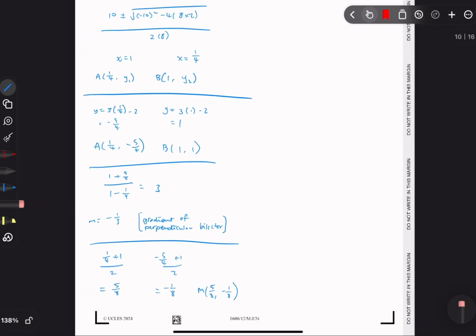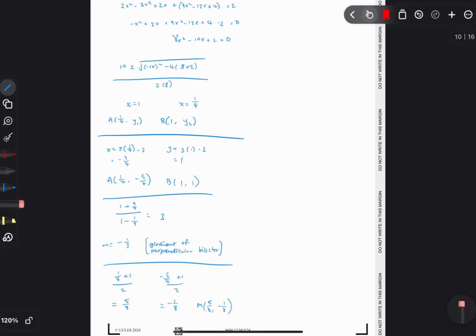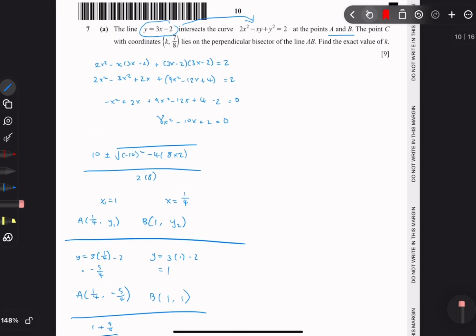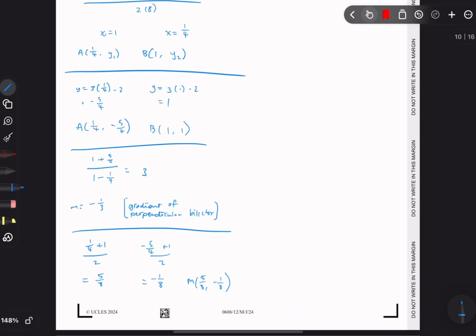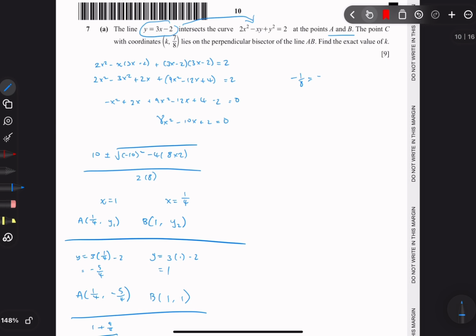Okay, now since we have the points and the gradient, we can find the formula for the equation for the perpendicular bisector, and we just find the constant.